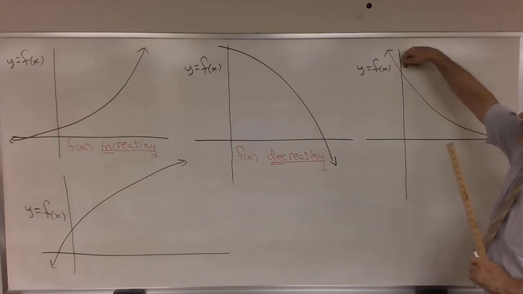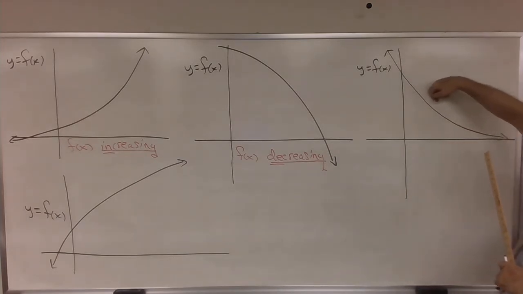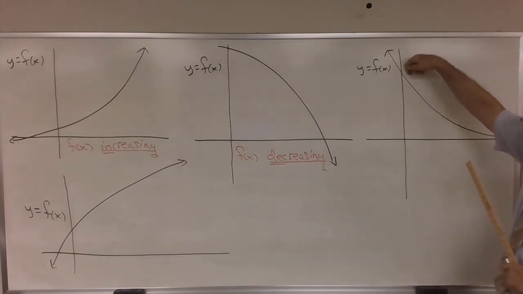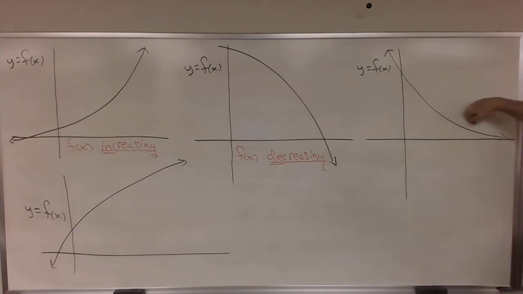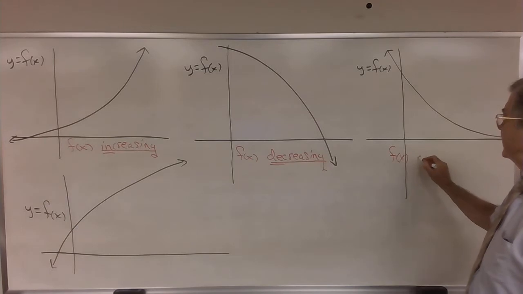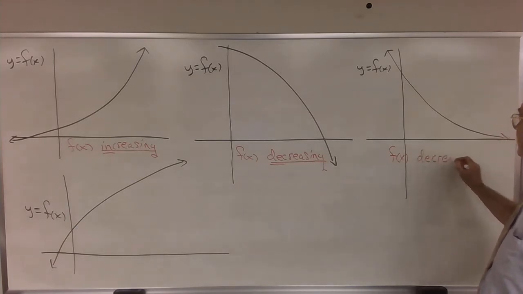Again, going along the graph from left to right, the graph goes downhill. As we move along the graph going from left to right, the graph goes downhill. So f of x is again decreasing.